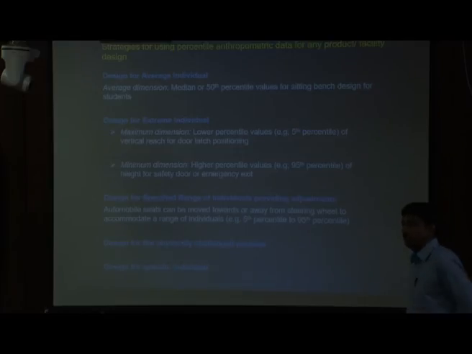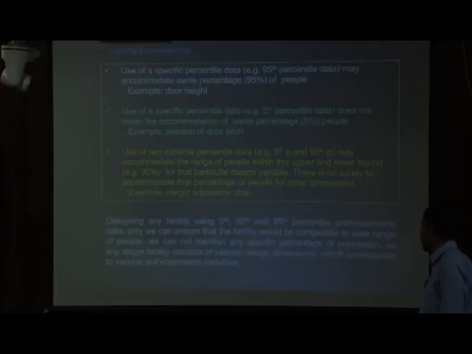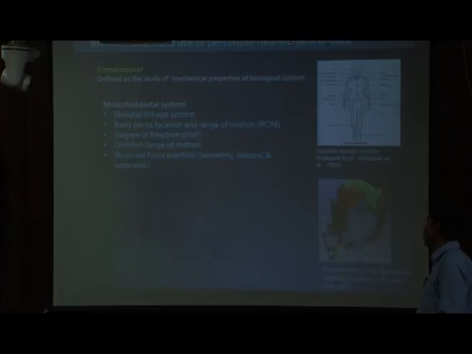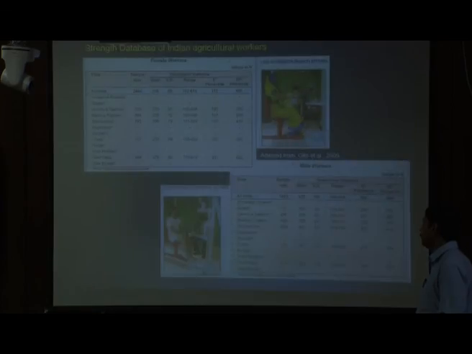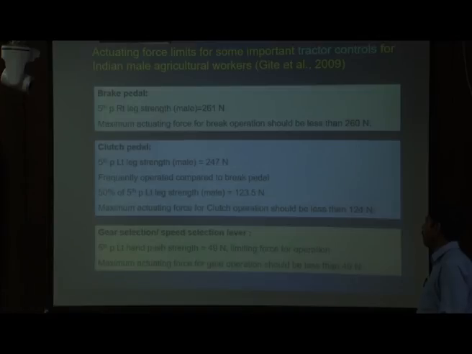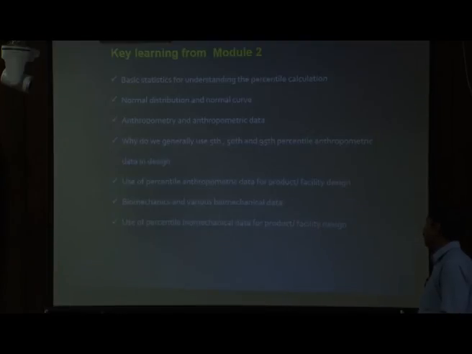Then what strategies are adopted by designers or engineers for using percentile anthropometric as well as biomechanical data. We discussed all this. Then we took the example of tractor controls and how we can use different types of strength data.